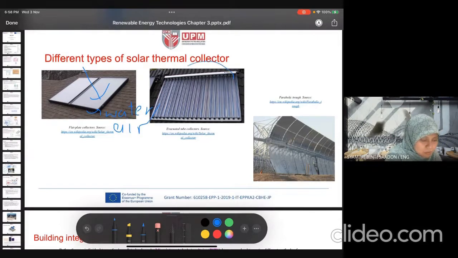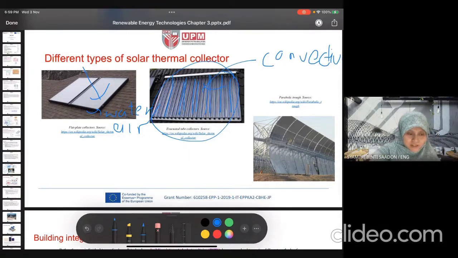Then evacuated tube collectors, which use different tubes. They exchange heat, and convection also happens between the tube and the fluid inside the tube.